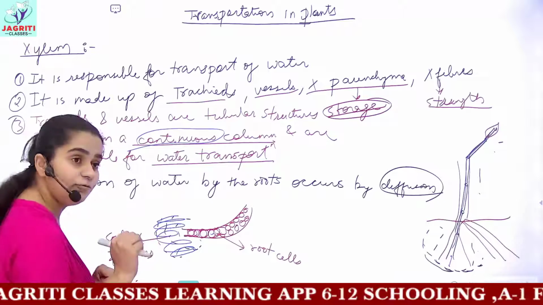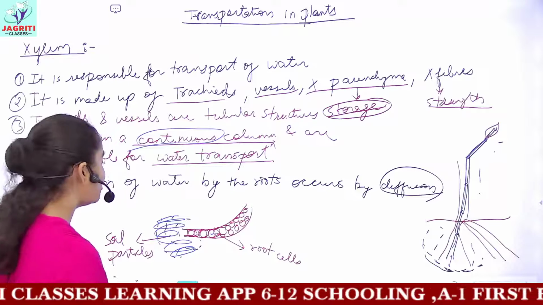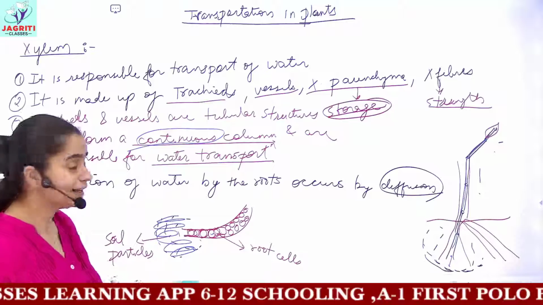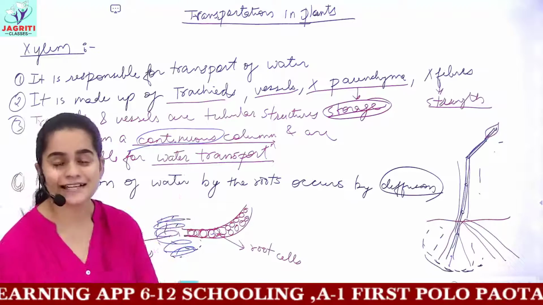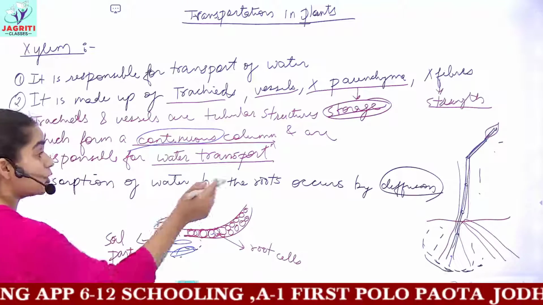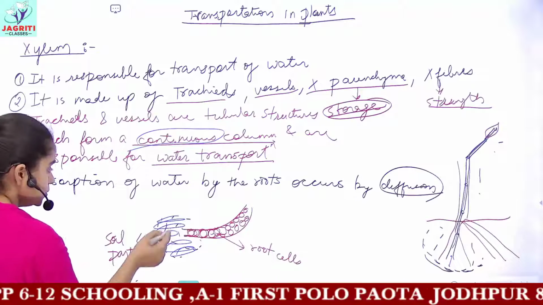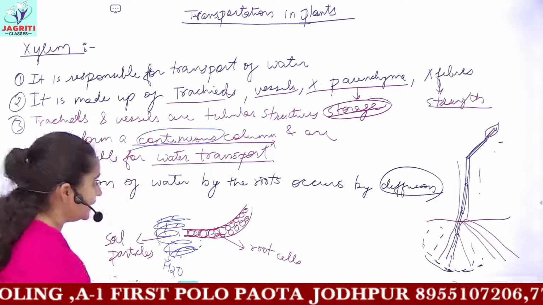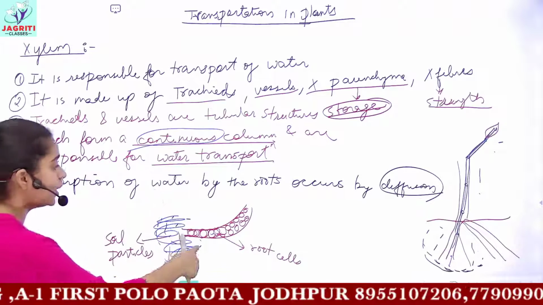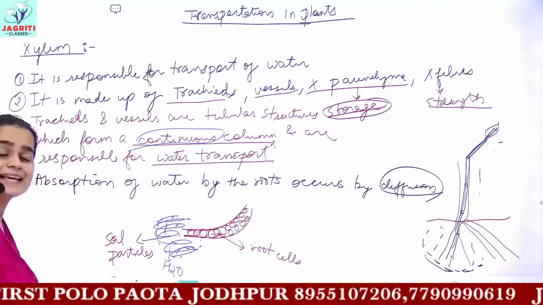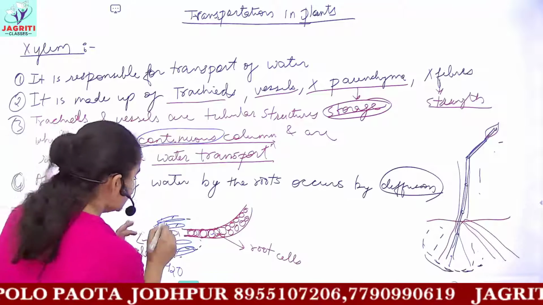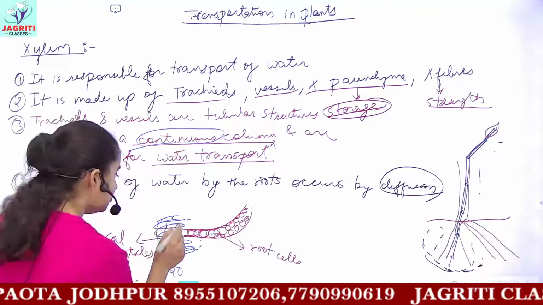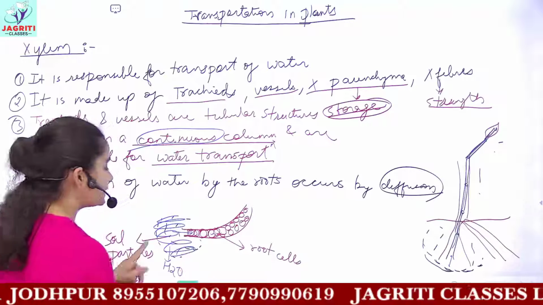Now because of diffusion, you know diffusion is the movement of water or any particle from high to low concentration. So you can also call this osmosis. So here water is present in large amount in the nearby soil as compared to the cells of root. And then this water, due to osmosis or diffusion, would enter the cell of root.